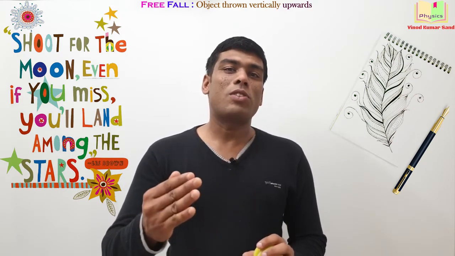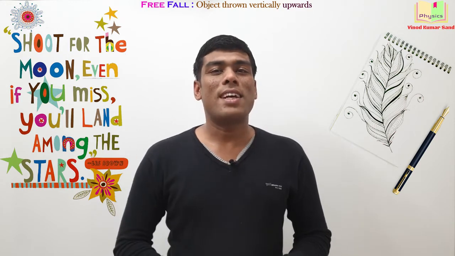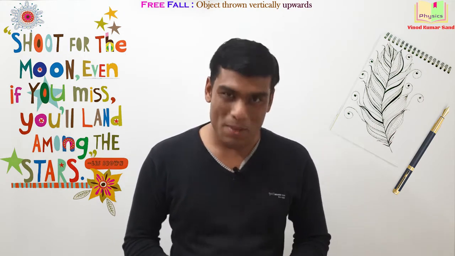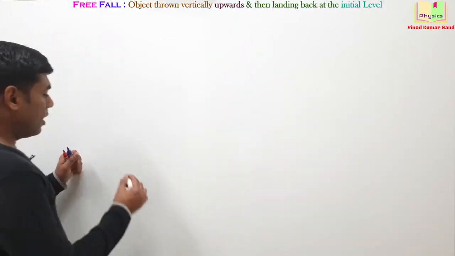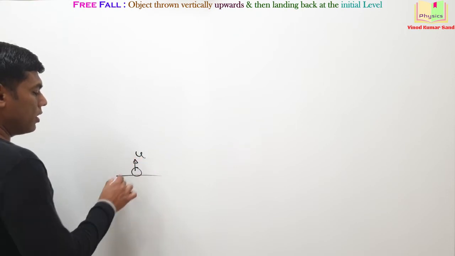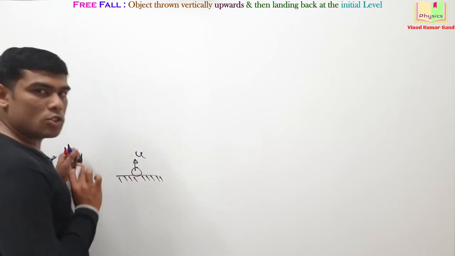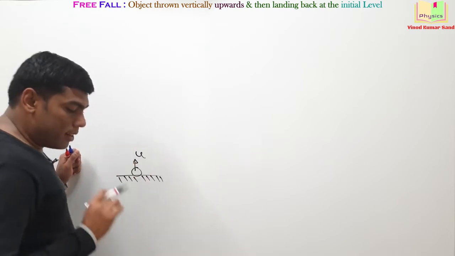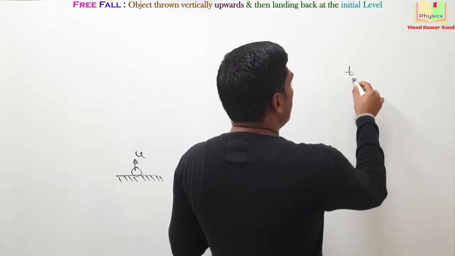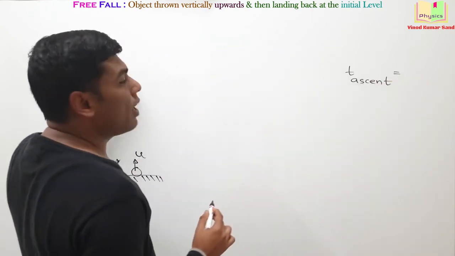In the beginning of the video, we'll derive a few important relations and then we'll be taking up numerous good questions. Okay, so let's begin. Suppose a ball is thrown up from the ground. Its initial speed is u and it's projected straight up. Then we want to determine in how much time it will ascend to its maximum possible height.